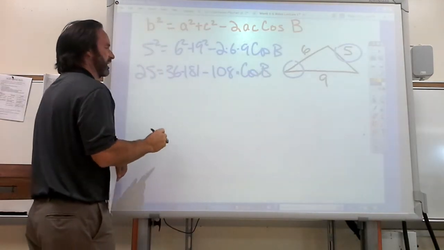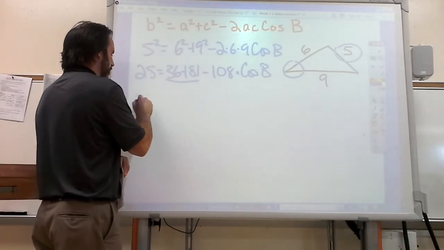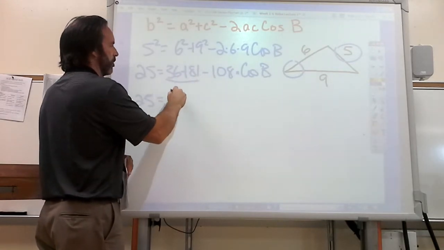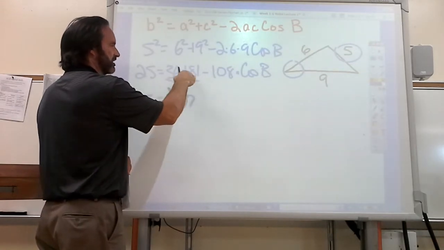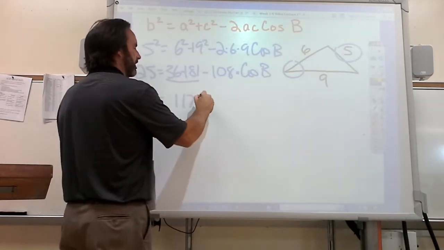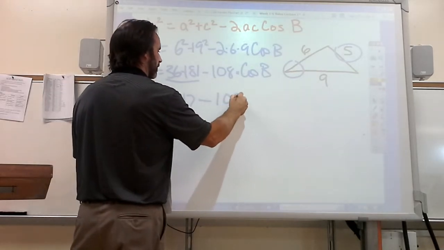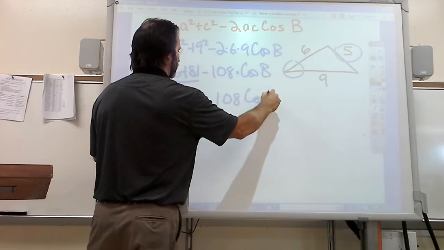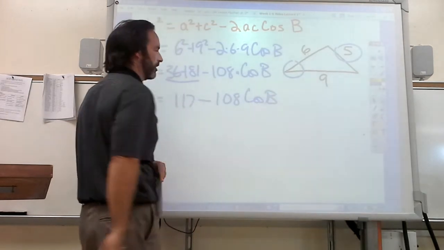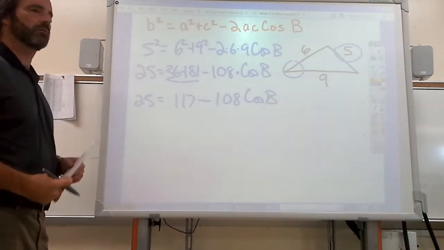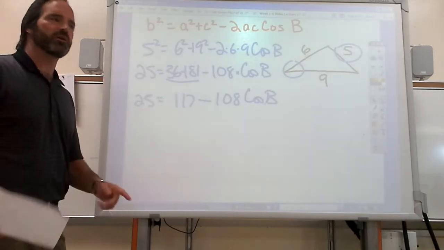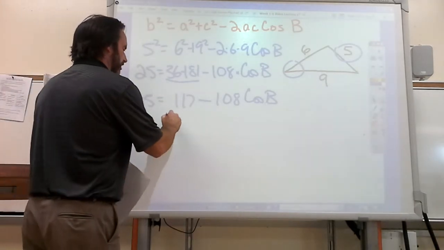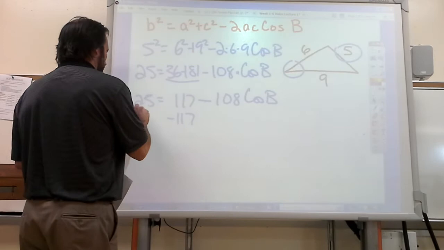Okay? Again, we simplify this. This will be 25 equals 117. 36 and 81 is 117, minus 108 cosine of theta or b, whatever, okay? All right, so all we've done is simplify. Subtract this number from both sides.